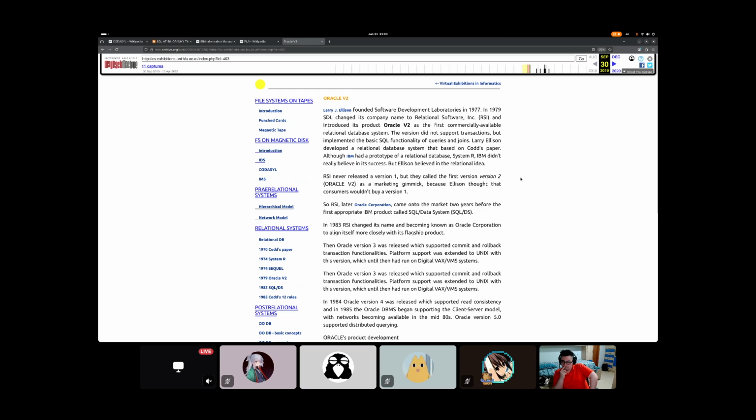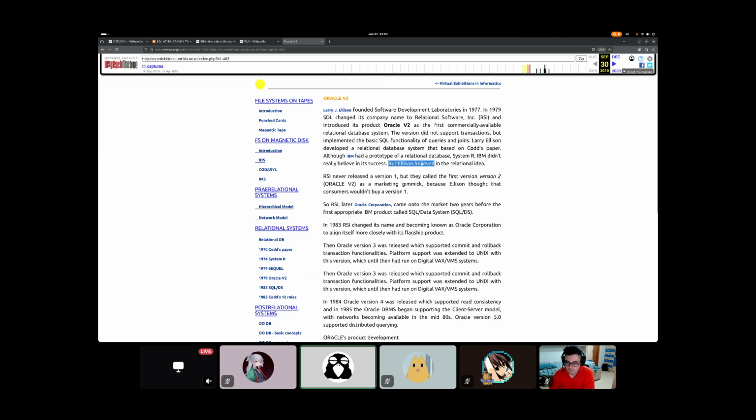Yeah, here. So Larry Ellison founded, blah blah. It was the first commercially available relational database system. The version did not support transactions, but implemented basic SQL functionality of queries and joins. Larry Ellison developed a relational database system based on Codd's paper. Although IBM had a prototype of a relational database, System R, IBM didn't really believe in its success.